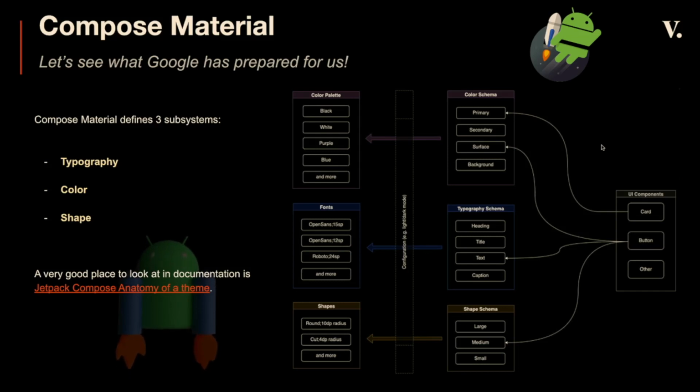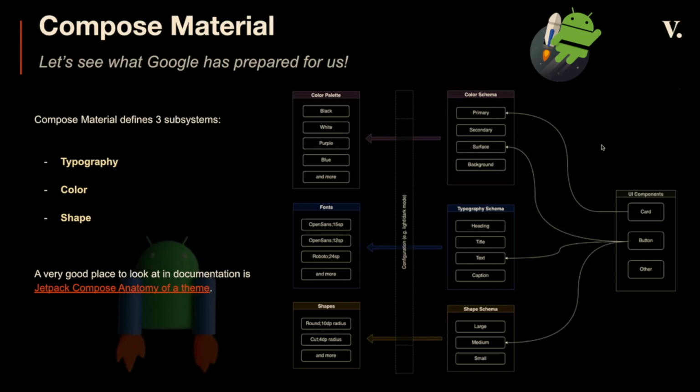So if we take an example from this diagram, a button can have a color from the color schema, medium shape, and the text with Roboto fonts. And this setup works, for example, in light mode or dark mode. So we pick from each schema, and it will pick the right color palette for dark or light mode or other.